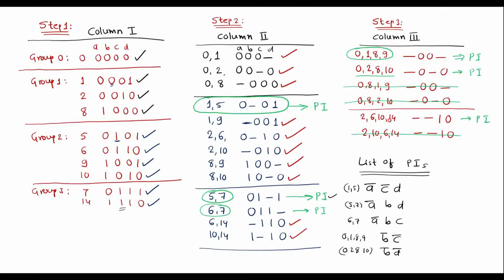Similarly here 2 6 10 14, it is C D bar. So these all are prime implicants.